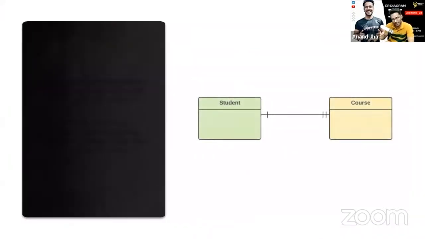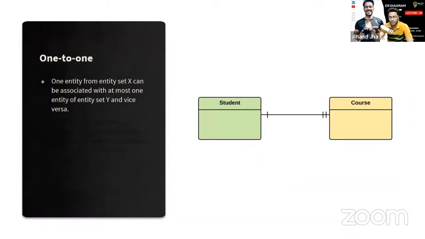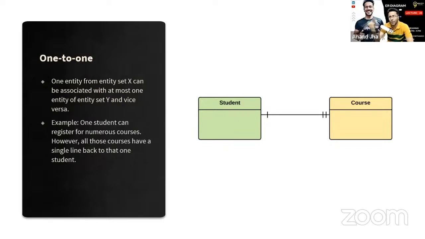Next, let's talk about student and course, one-to-one. One entity from entity set X can be associated with at most one entity of entity set Y and vice versa. For example, one student can register for numerous courses.